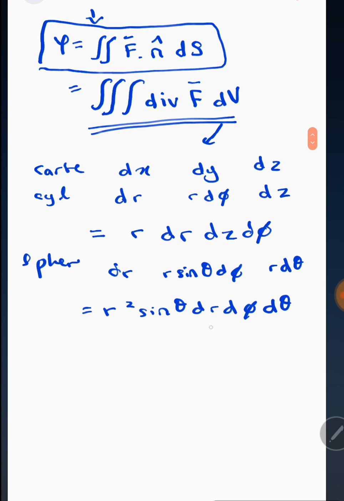So be mindful that we have three components each for the cylindrical shape and the spherical shape, because this is what we indicate in terms of volume for the dV part. This is just a little recap of what you learned earlier, but I thought it helps.